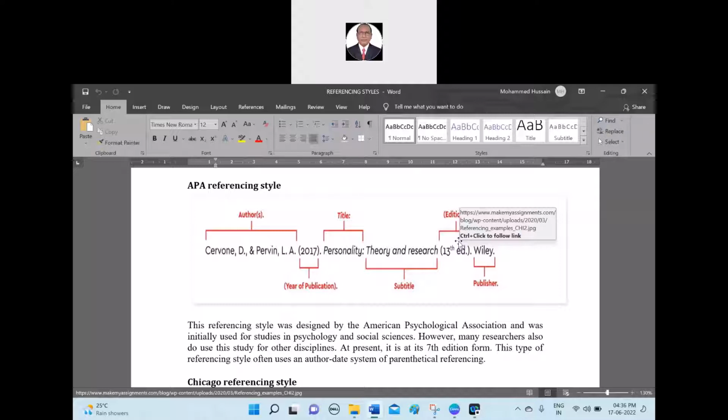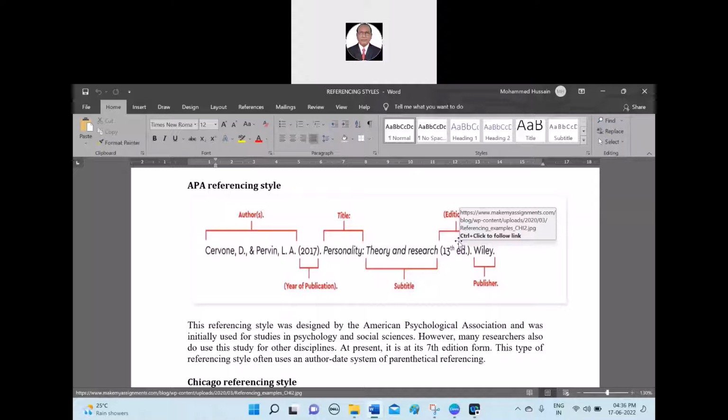But again, always the title of the book, either APA style or MLA style or Turabian style or any style, doesn't matter, the title of the book is always in italics. And the first letter should be a capital letter, leaving the conjunctions, prepositions and articles.